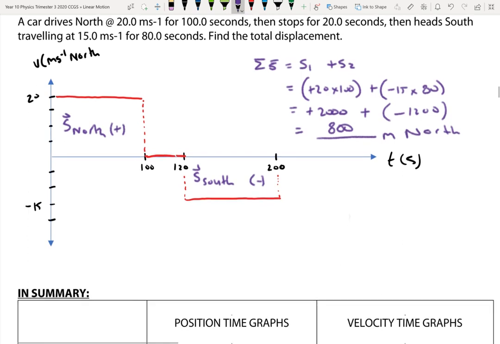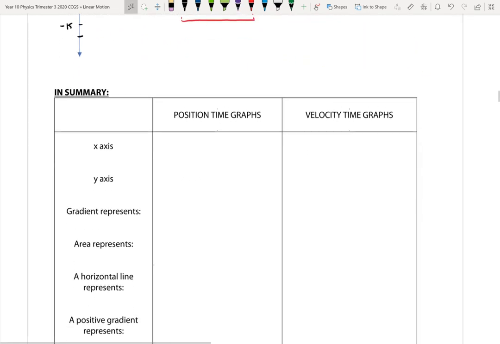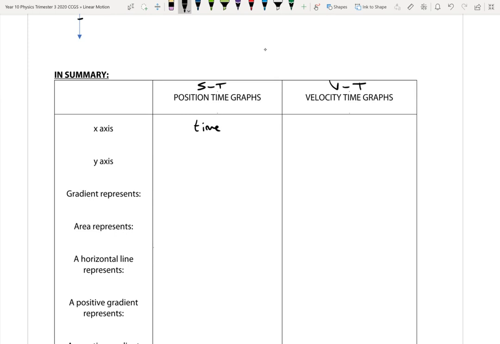All right. In summary, let's just compare. Students will often confuse position time graphs with velocity time graphs. So let's just quickly remember. We're putting time on both of the x-axes. For our position time graph, we're going to put displacement or distance. Velocity time graph, we put velocity, hence the name. For our position time graphs, the gradient was velocity.